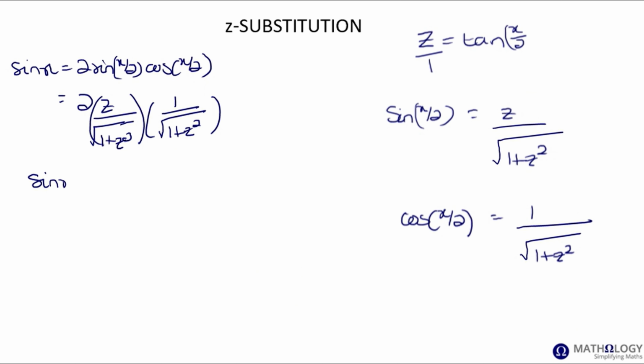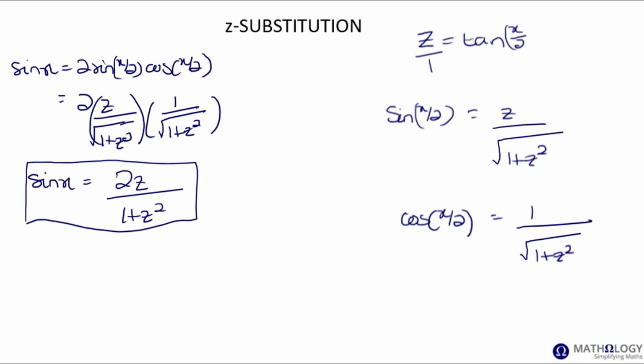So sine x equals, just multiplying all the way through the numerators and the denominators, we have 2z over 1 plus z squared. So that is the second formula we can use.